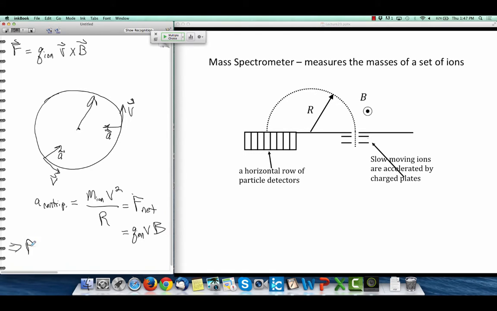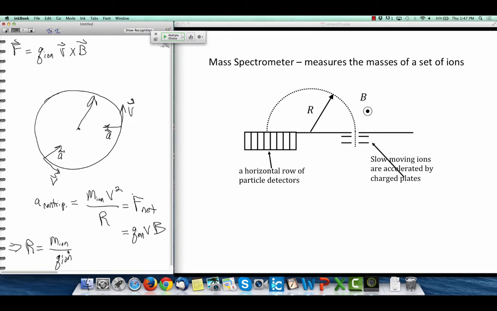You can solve this for R, and you find out that it's related to the mass of the ion divided by the charge of the ion. So a mass to charge ratio, or the reverse. One of the V's cancels, so where am I?